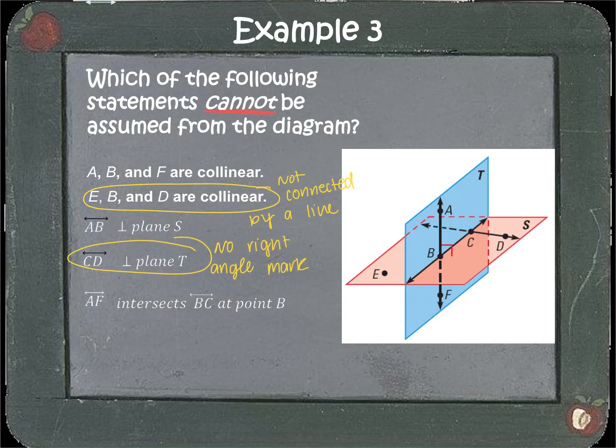And let's just go ahead and check the last one. It says line AF, so here's AF, intersects line BC at point B, and that is true. So here's my line AB, BC, and it's intersecting at this point, which is correct.